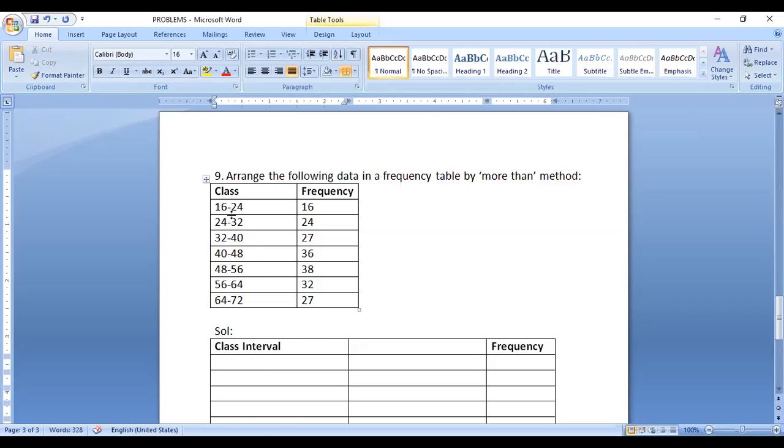See, class started with 16. Its lower limit is 16. So you have to start with more than 16.